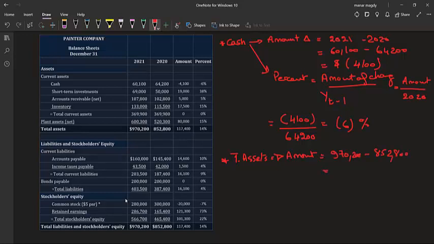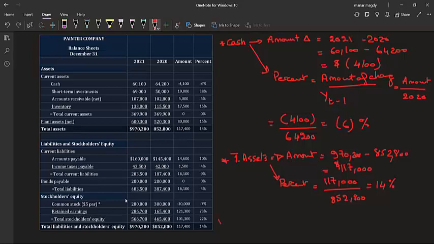So the amount of increase was 117,000. The percentage of increase equals the amount of change, 117,000, divided by the amount of total assets in year 2020, which equals 85,200. So the total percentage of increase equals 14%.